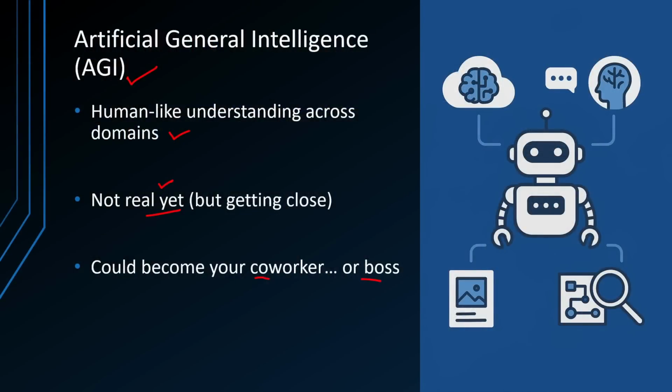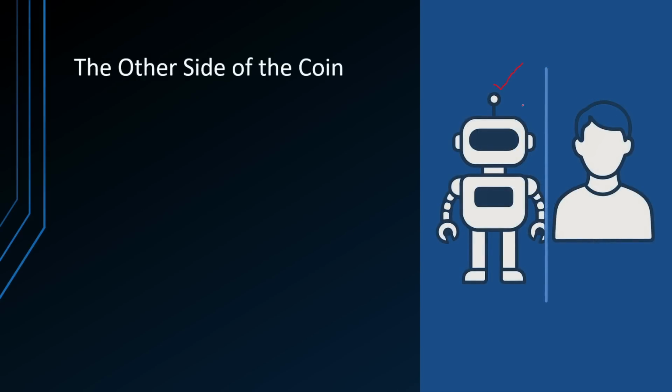So, obviously, as I mentioned, we are not there, and this is where the other side of the coin comes into the picture. This is where I want to talk about artificial intelligence and humans. This is the other side of the coin, right? Humans have evolved over millions and millions of years.